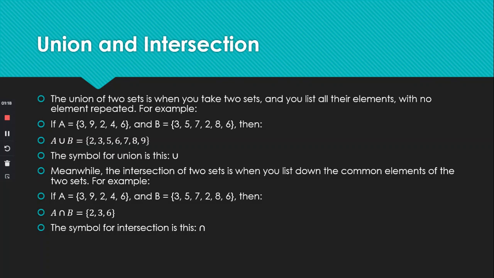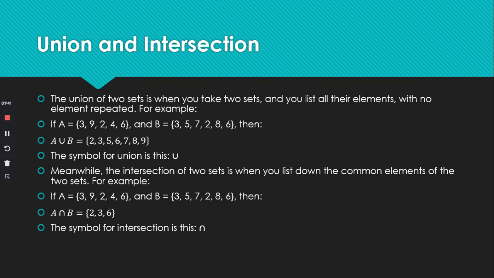This is basically the terms that we got in order, and if you see in A and B, 3 is repeated, but we don't put 3 two times, we only put 3 once. Because we don't repeat in the union, we only take the common terms once, which gives 2, 3, 5, 6, 7, 8, 9. The symbol for a union is a U here.